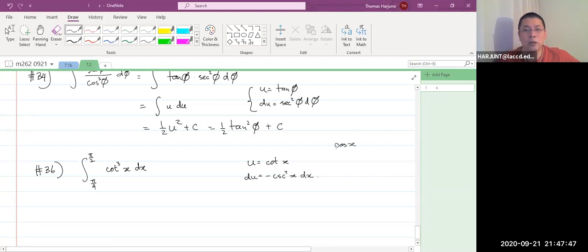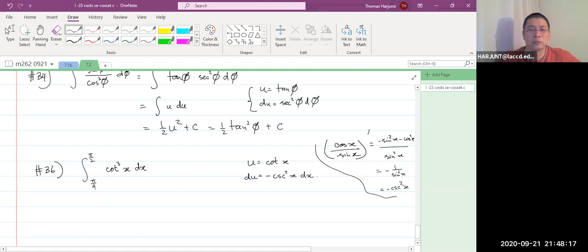Cosine x over sine x, when we take the derivative, we get negative sine squared x minus cosine squared x over sine squared x. That's negative 1 over sine squared x, which is negative cosecant squared x. That's right. At the same time, we will also use this later on: cotangent squared x plus 1 equals cosecant squared x.